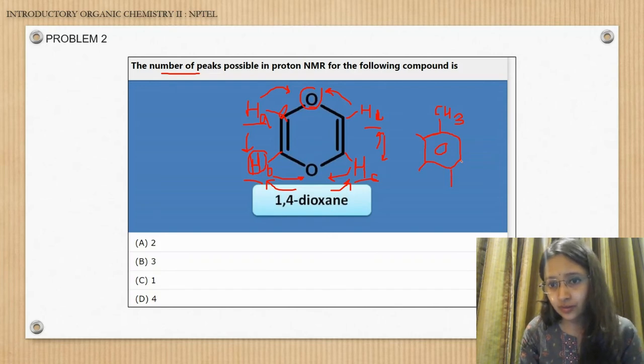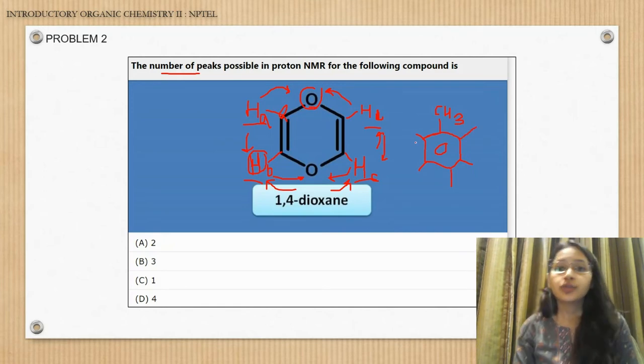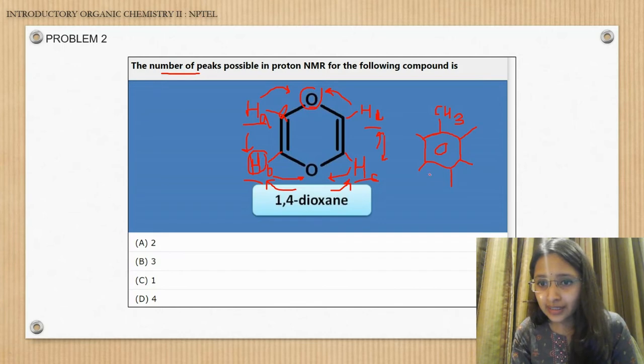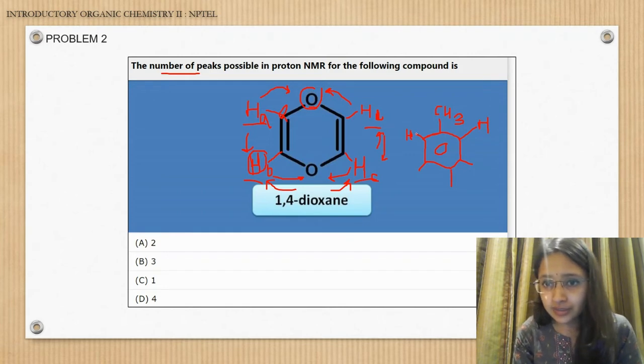I'm not drawing the hydrogens here, but you have to see that these are the hydrogens. This hydrogen is in the vicinity of the methyl and hydrogen, and the same for this one. So these two are chemically equivalent hydrogens, but for this hydrogen, can you say the same? No.